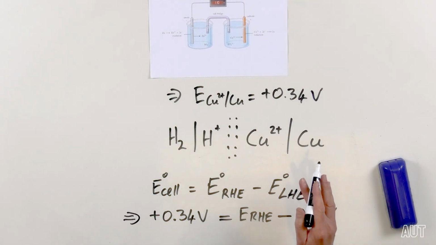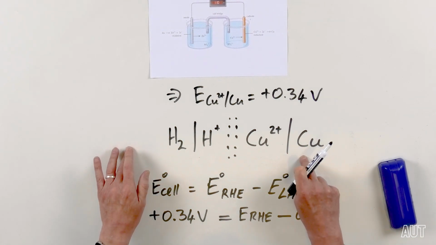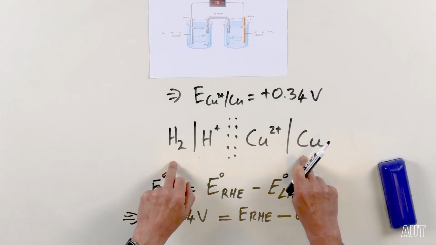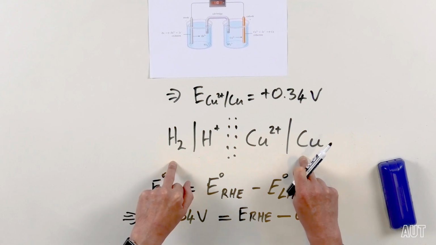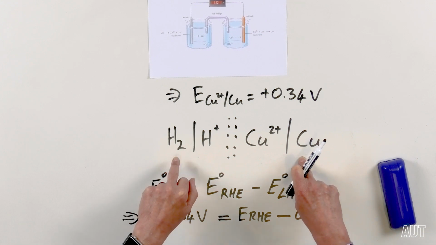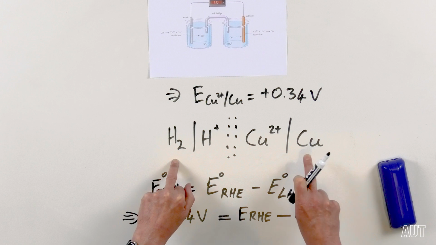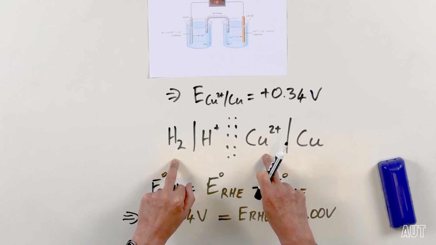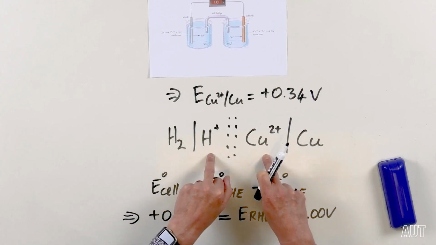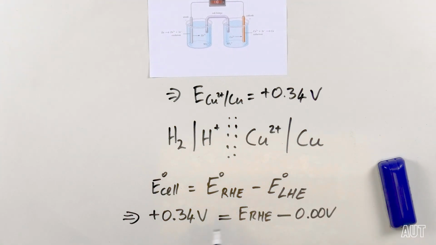And if that's the case, that means that yes, reduction does occur here, oxidation does occur here, and the whole thing is spontaneous. And so what is happening in this particular case is that copper 2+ is going to oxidize H2 to H plus and get reduced to copper under these particular conditions, okay?